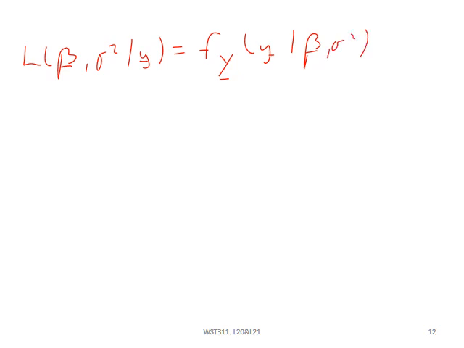In our case, the joint distribution of the data is a multivariate normal distribution of dimension n with expected value X beta and covariance sigma square I n. Using this distribution as our departure, we can prove the maximum likelihood estimator.